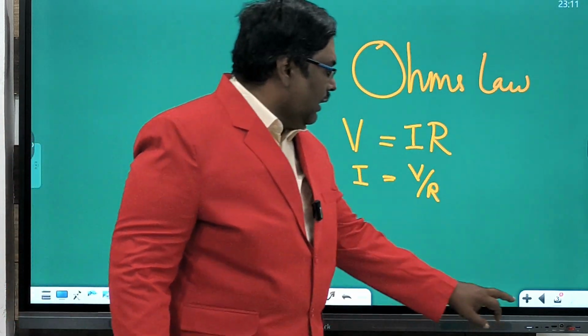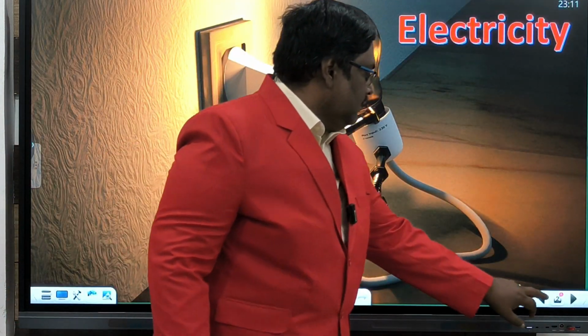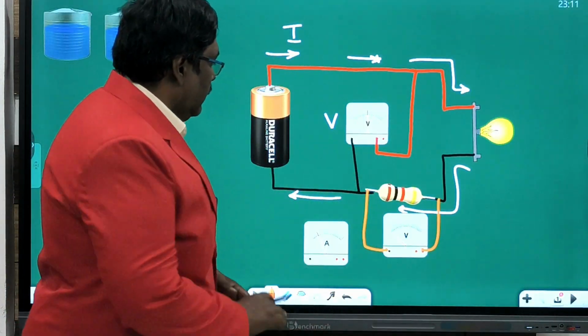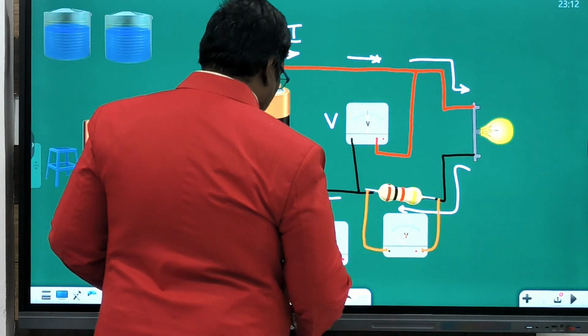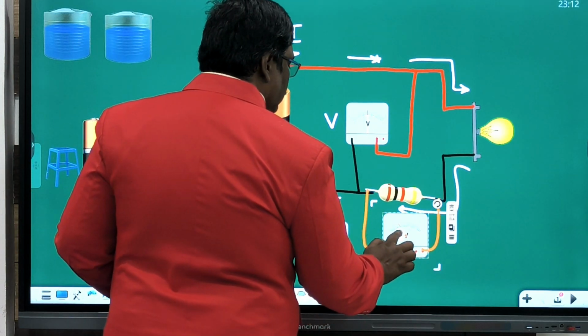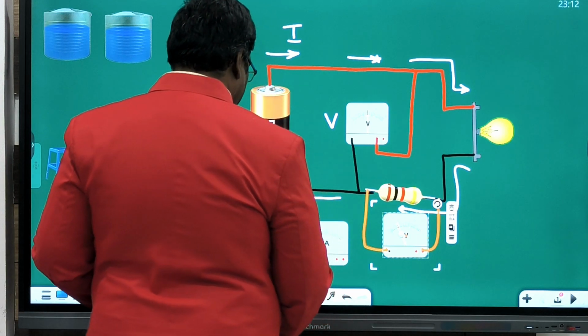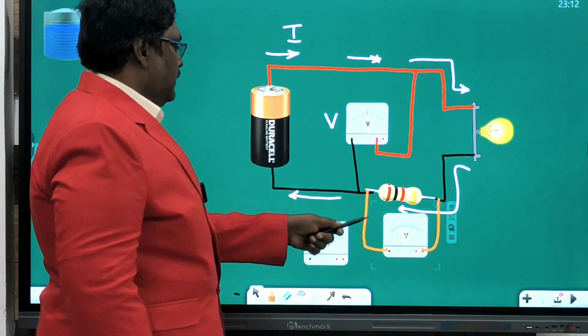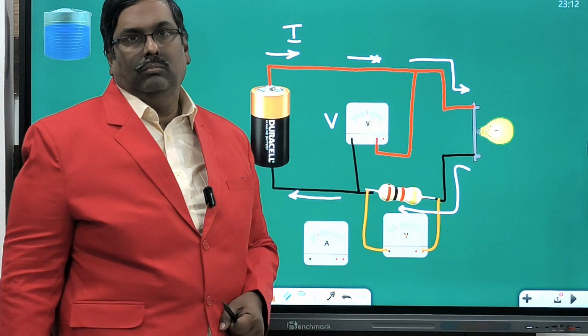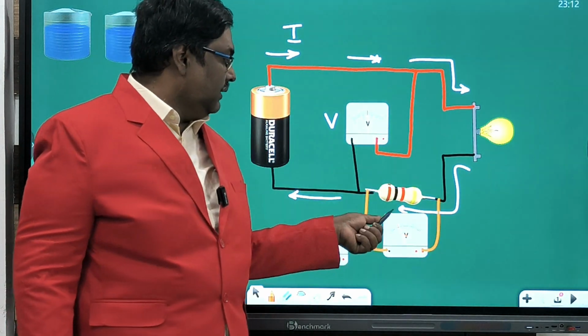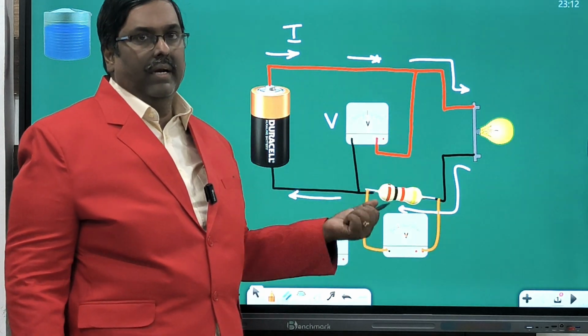Now I will check that voltage. Here you got some voltage, correct? Resistance you know, it is 0.1 ohms, and the voltage is 0.9 volt.